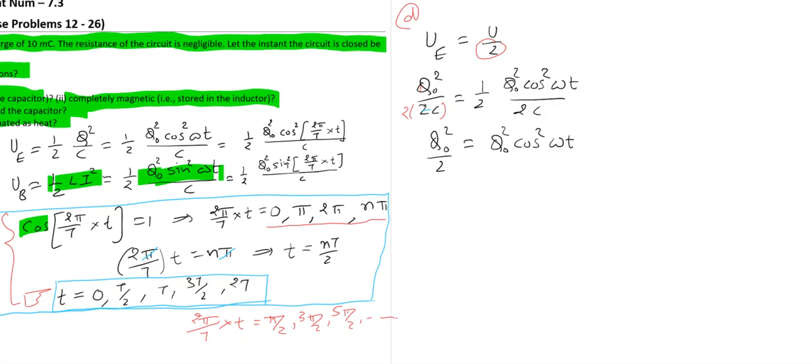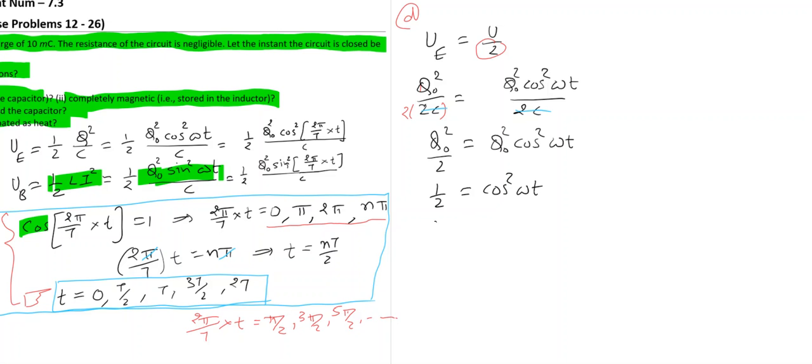So this 2c and 2c will get cancelled out, and the left side will be q0 square by 2. So then we realize that if cos square omega t is 1/2, then the energy will be half of total.